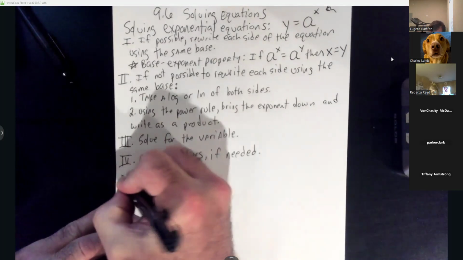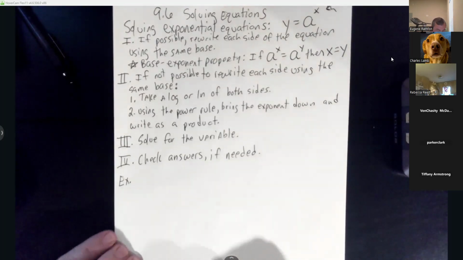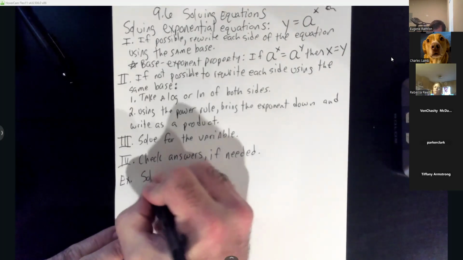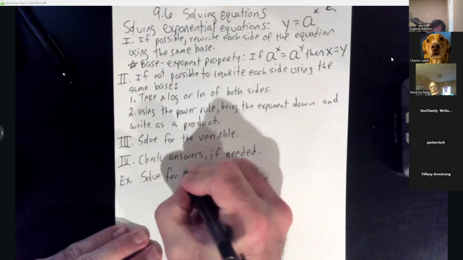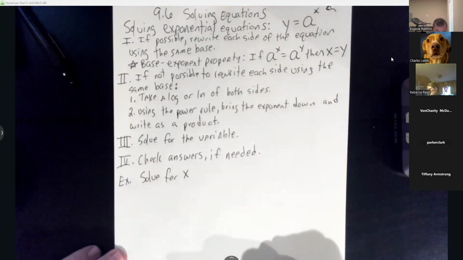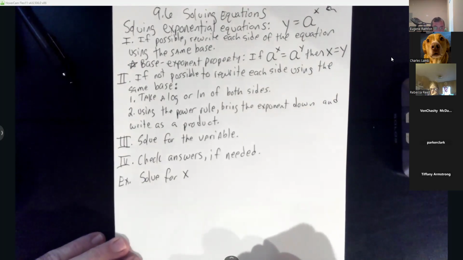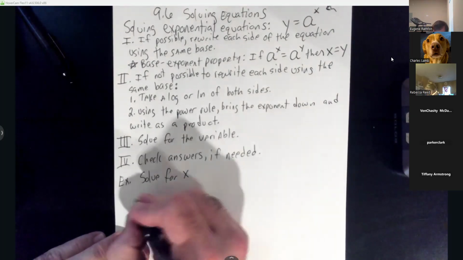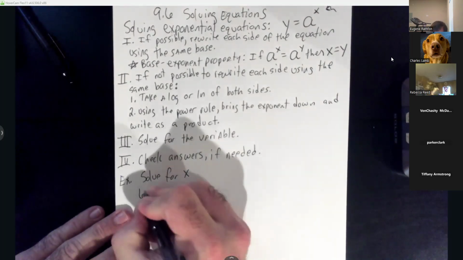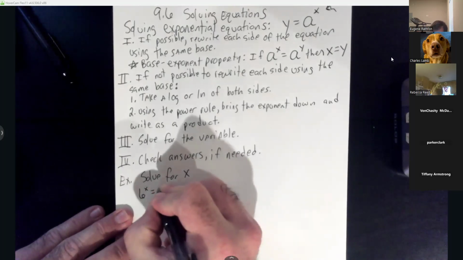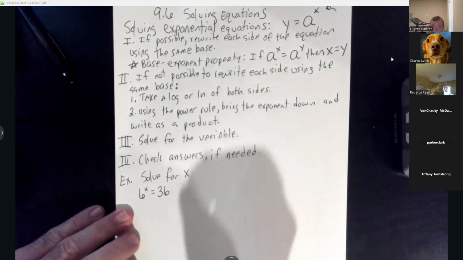So for these examples, they're going to say solve for x. All right, y'all, so my first one, I'm going to have 6 to the x equals 36.